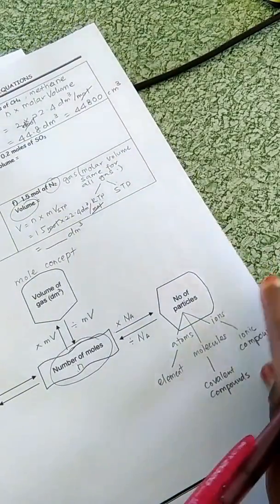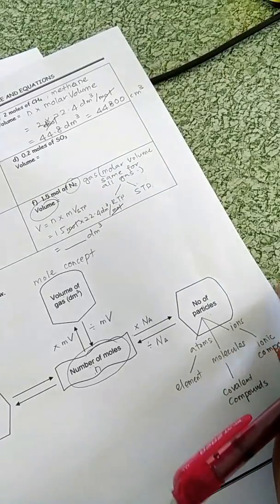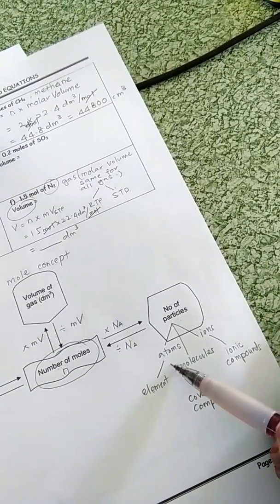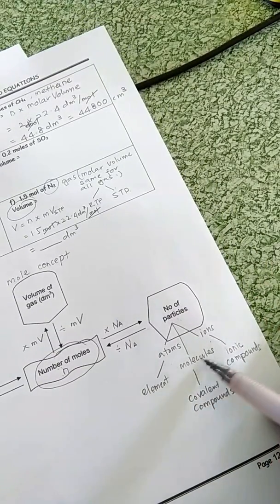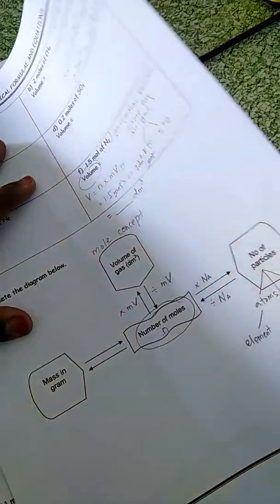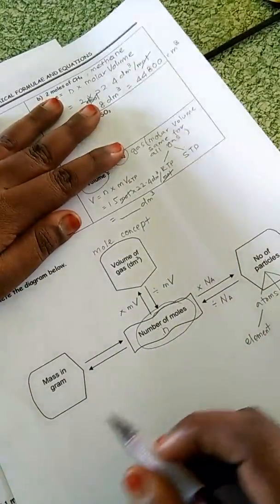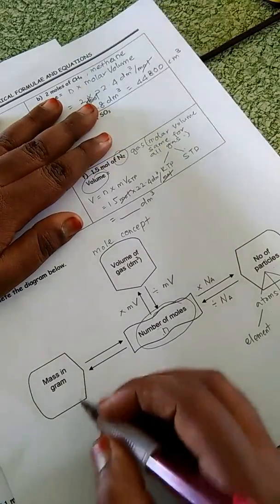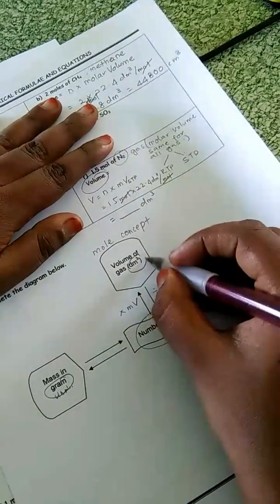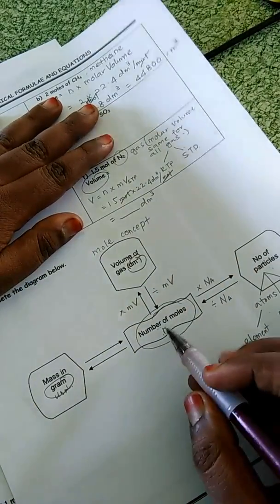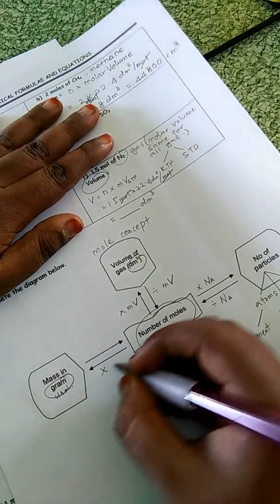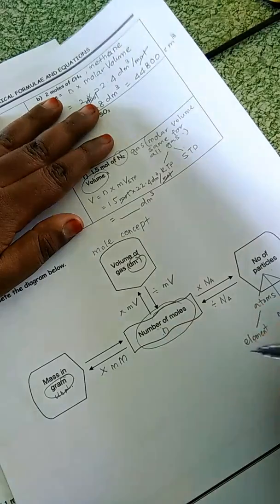Remember Avogadro constant is 6.02 times 10 to the power of 23 particles, and you must know what these particles are. Then mass, in grams. To get mass from number of mole, you times molar mass.